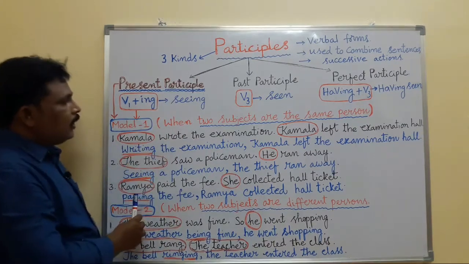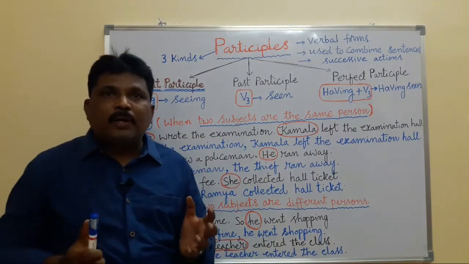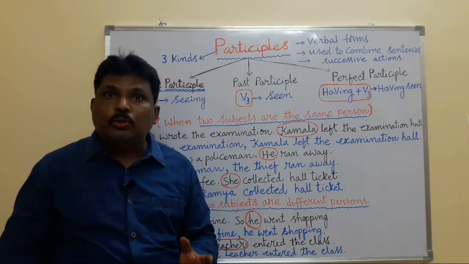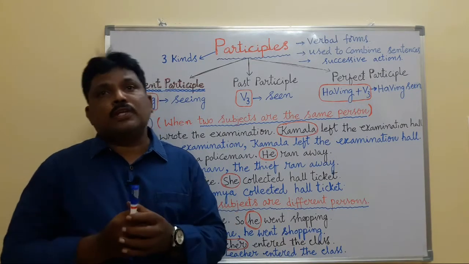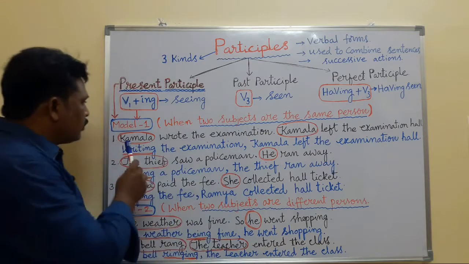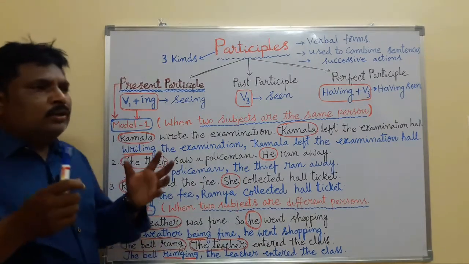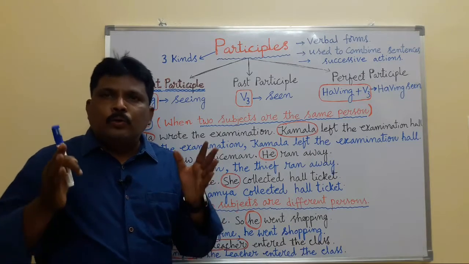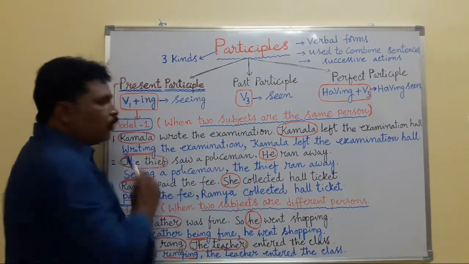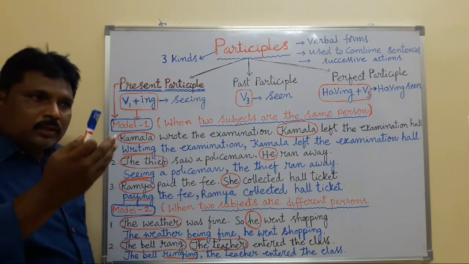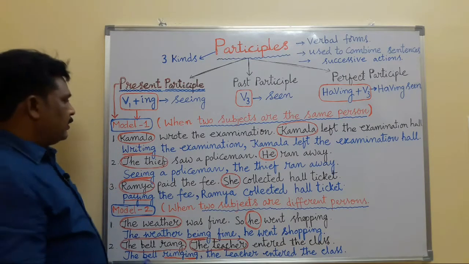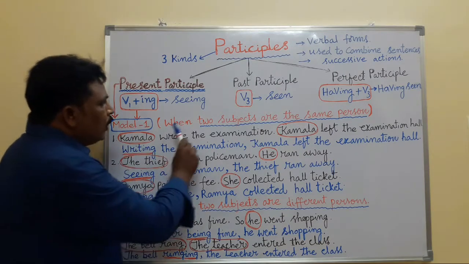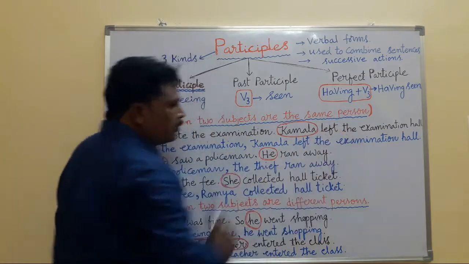Let us see how the present participle is used to combine or to join two sentences. Look at the first example. In some examples we find two subjects. I have divided the examples into two categories. First one is model 1, when two subjects are the same person.